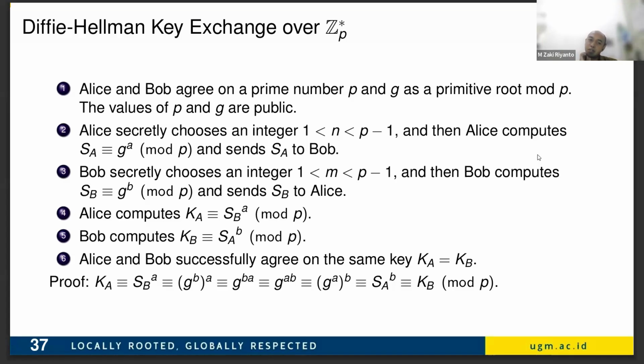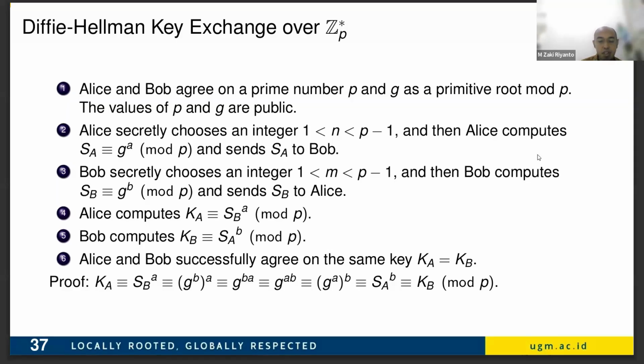Bob also secretly chooses an integer B, and Bob computes SB, that is G to the power of B, and sends SB to Alice.